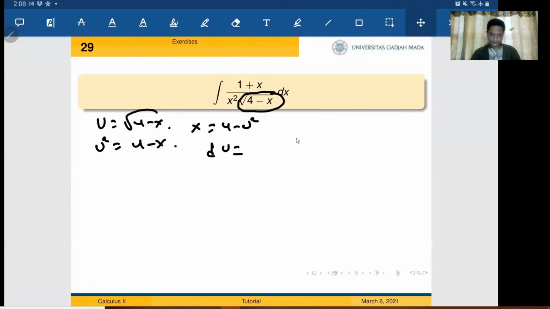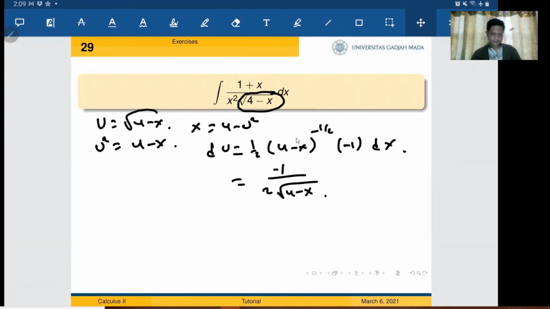What is my du? Okay, I have half times 4 minus x to the minus half here. And I should multiply by the derivative of 4 minus x, which is minus 1, dx. So this one is minus 1 over 2 square root of 4 minus x.